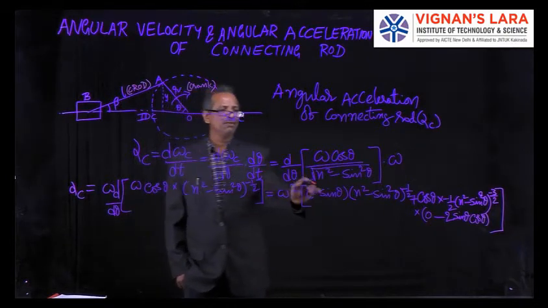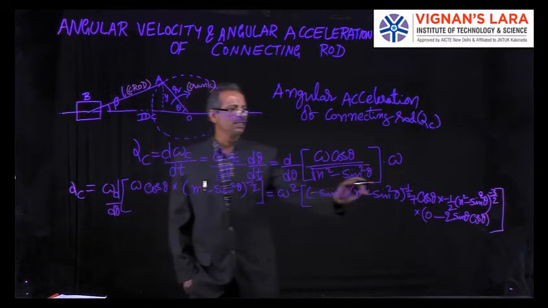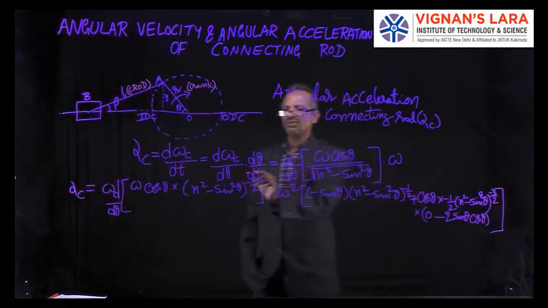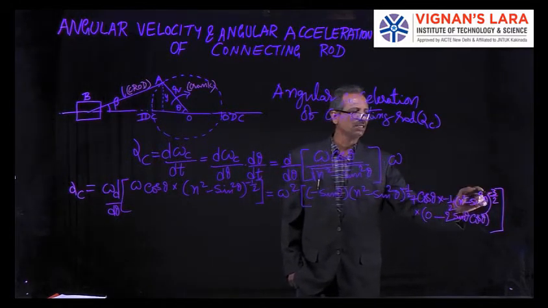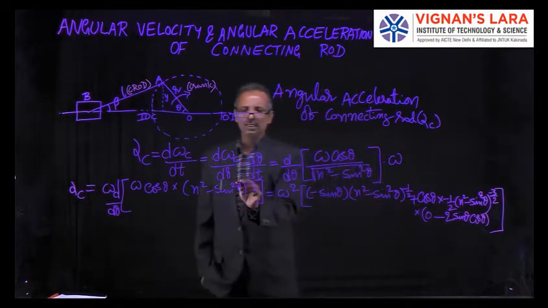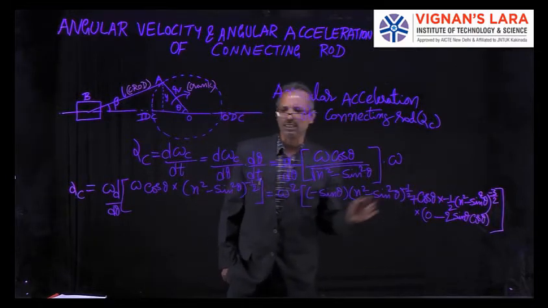So cos theta differentiation is minus sin theta, and this is as it is. Then now cos theta into differentiation of this, that is minus half n square minus sin square theta to the power of minus 3 by 2 into 0, then sin square theta 2 sin theta is cos theta.